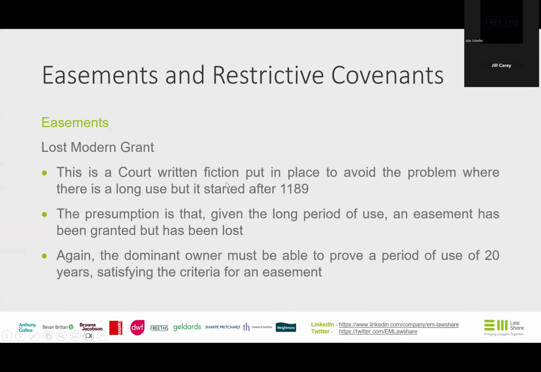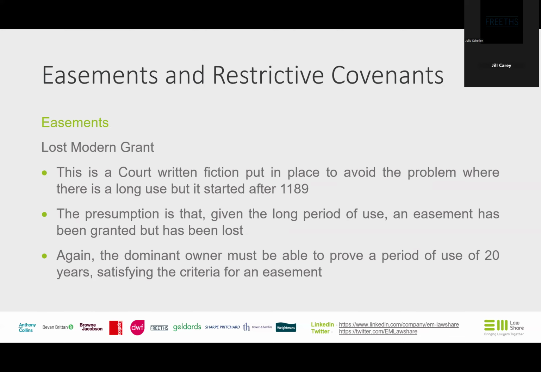The next one, and this is where I talked about a gold medal in gymnastics, is the doctrine of lost modern grant. It's a court-written fiction put in place, and it's really intended to resolve the problem where the claimant can clearly show that he or she has been doing something for a very long period of time, but can't prove 1189.